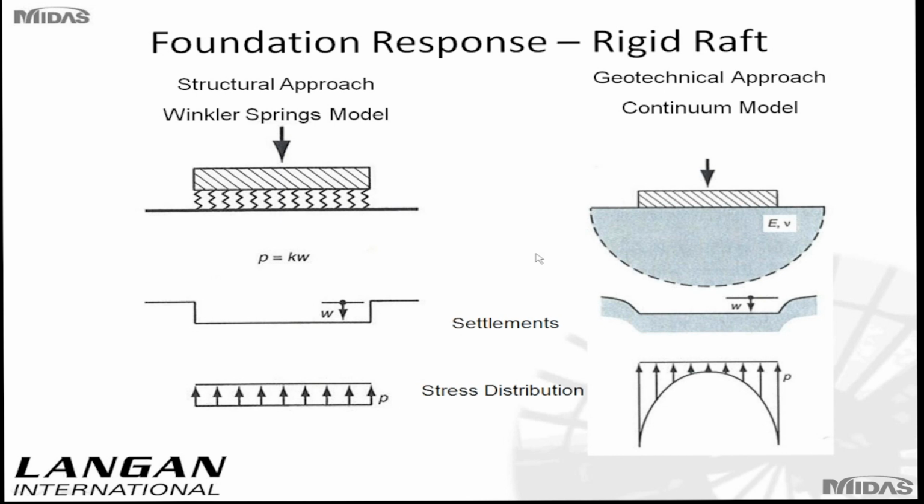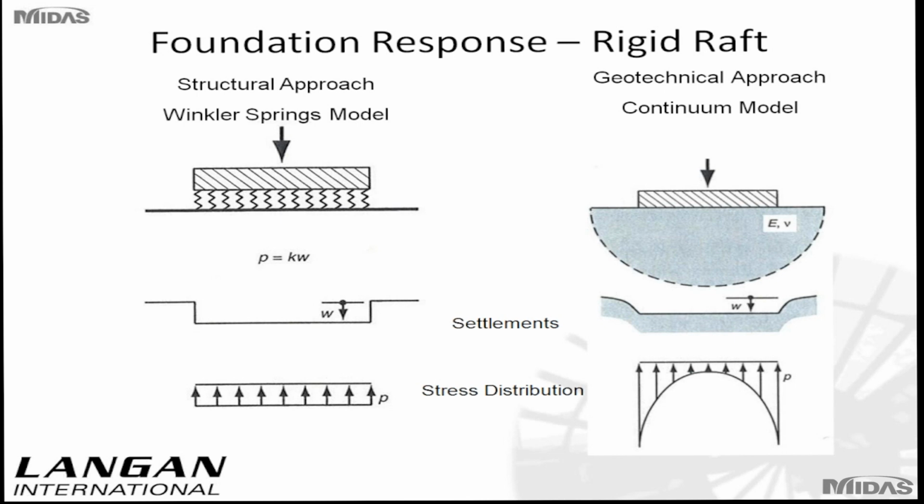However, elasticity theory shows us that under a rigid raft, the settlements may be constant, but the stress distribution is not, with high stresses developing at the edges of the raft. And the more rigid the raft, the higher these stresses at the edges become.